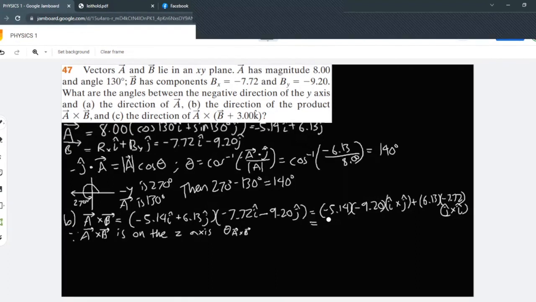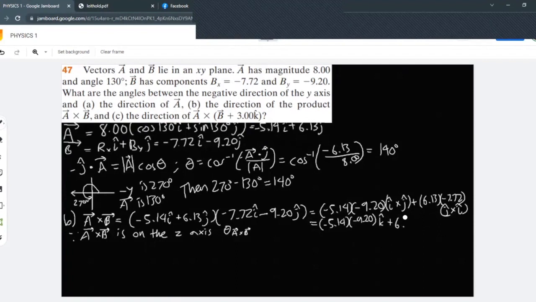So, negative 5.14 times negative 9.20, the component that comes out of I cross J is K. So plus K. Don't distribute yet. Let's take it one by one.